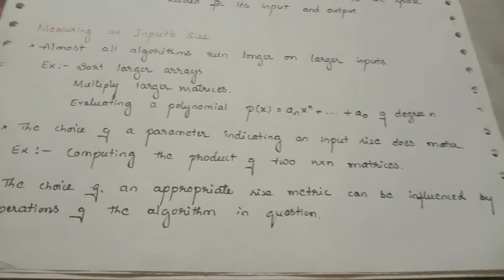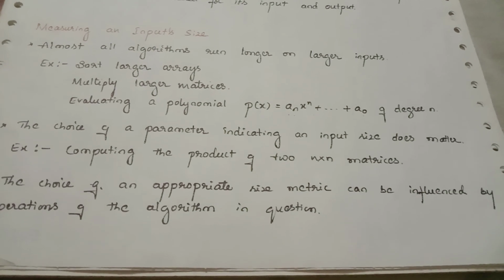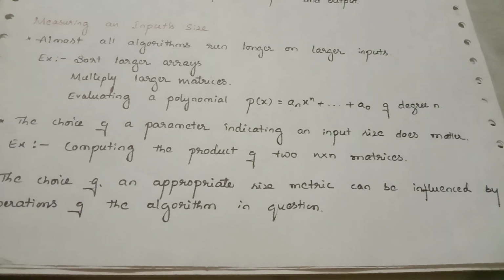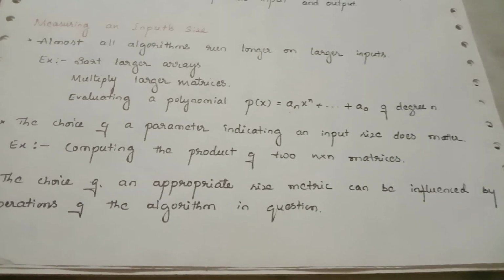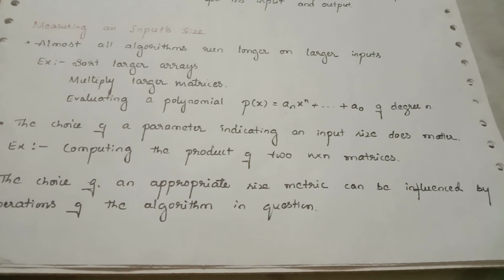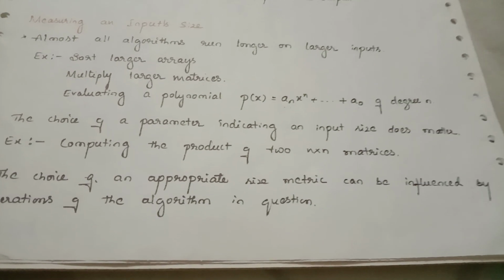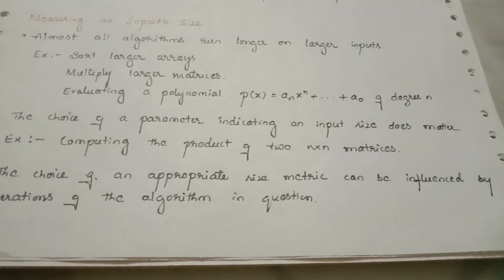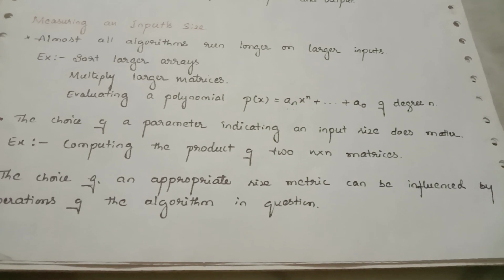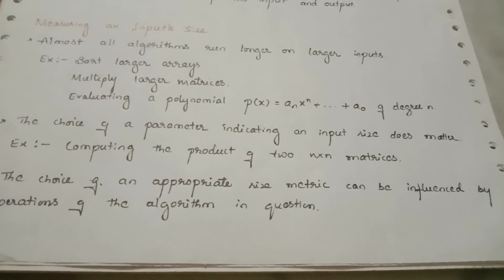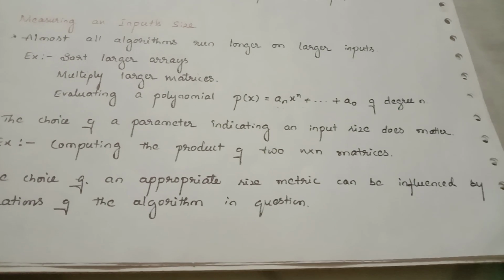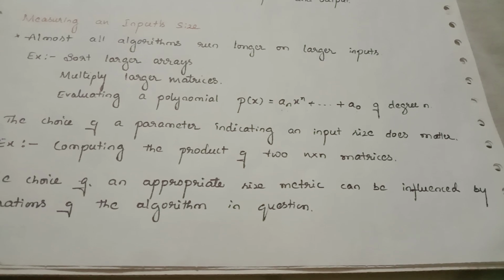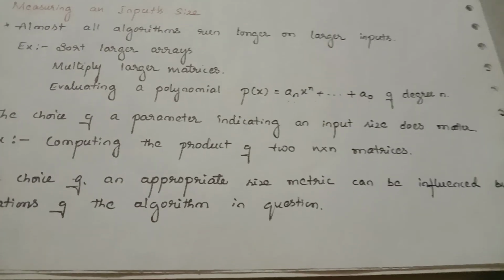And the other natural contender here is the total number of elements in the matrices being multiplied. Since there is a simple formula relating these two measures, we can easily switch from one to another. That is, either you can take n, that is n cross n, so n will be the input size of the matrices, or you can take the number of elements which you are going to multiply in the matrices. So we can use any of the measures.